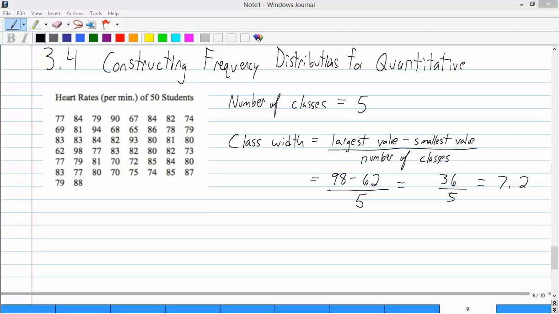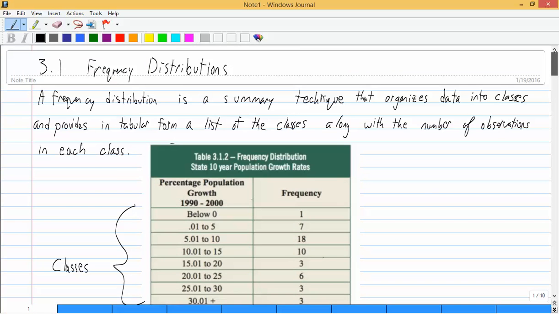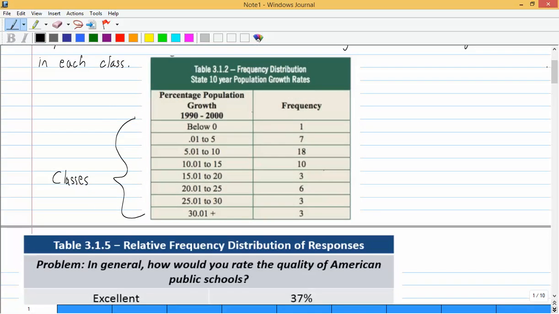All right, and so how are we going to figure out the class endpoints? Meaning the smallest and the largest number in each class. So you see this frequency distribution here. Smallest and largest. How do you actually figure those out?